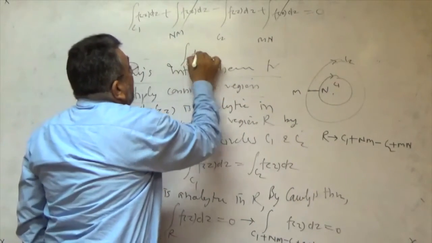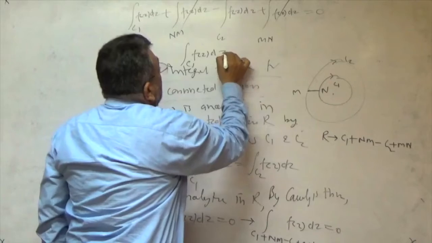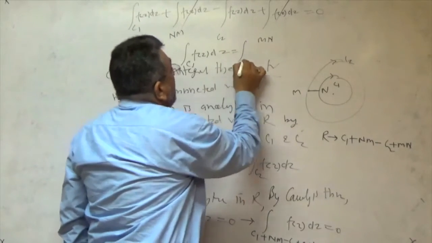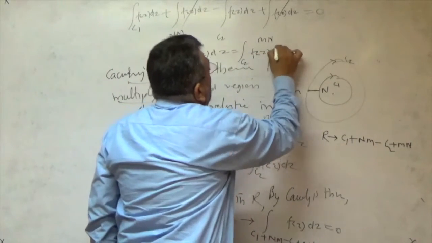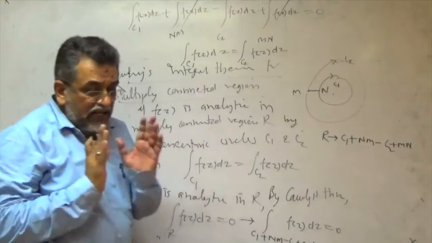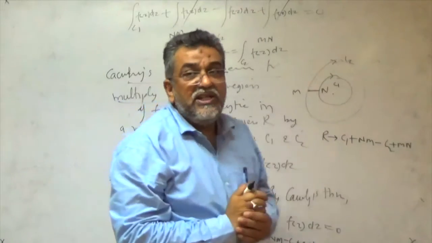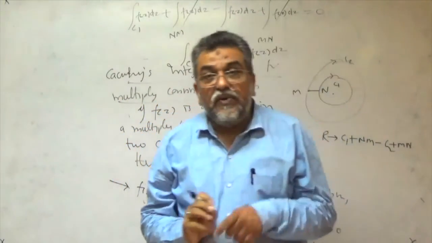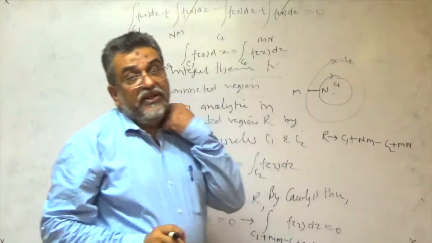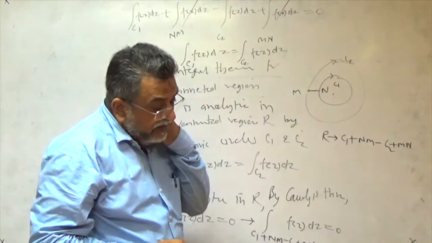Then we transfer terms and get our required result: the integral along C1 equals the integral along C2. That is the other statement of Cauchy's integral theorem for a multiply connected region. That was the first theorem of this chapter.